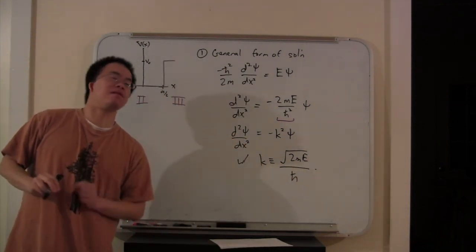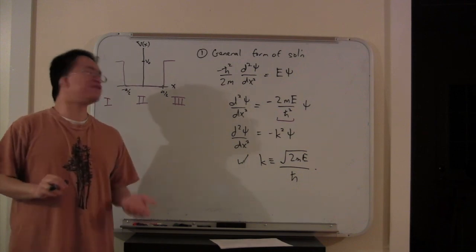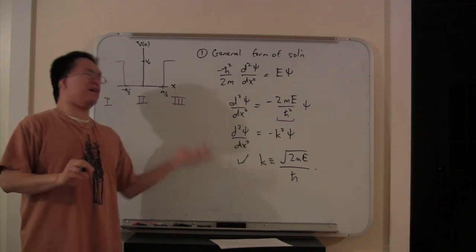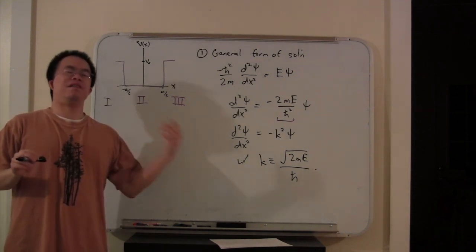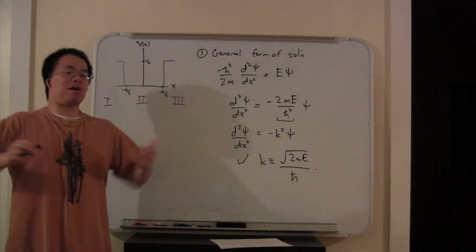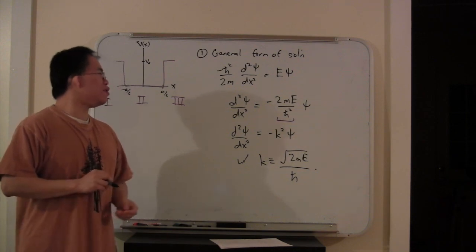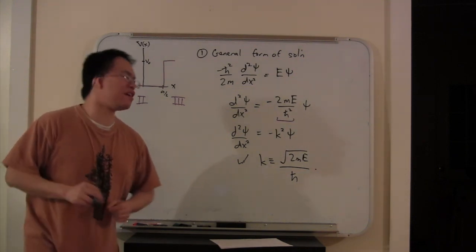Now, you know what the solutions to this look like. This is the same kind of differential equation as you solved for the infinite square well. It's the harmonic oscillator equation with position instead of time.